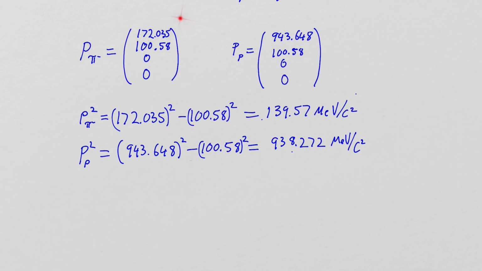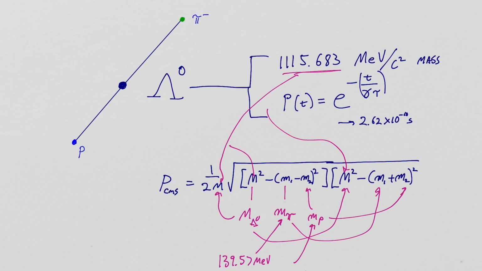This is now the 4 vector of the 4 momentum of a pion in the rest frame of the lambda when this angle, theta, which is the angle off of the z-axis, is pi over 2. So all the momentum is in the x direction, which was this way.